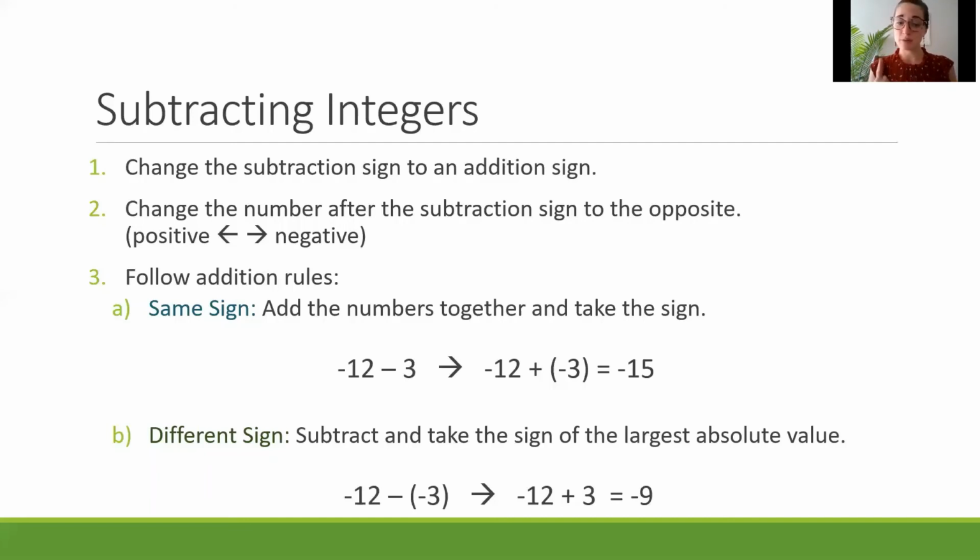That means we have different signs in our addition, because now we have a -12 and a +3. So we're going to subtract, and we're going to take the sign of the largest absolute value. So 12 minus 3 is 9, and the largest absolute value here is 12. That has a negative sign attached to it, so we're going to keep that negative sign in our final answer. So the answer is -9.